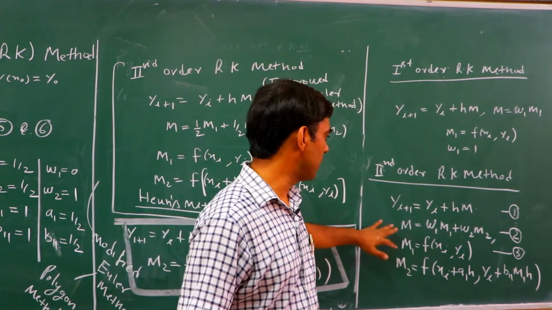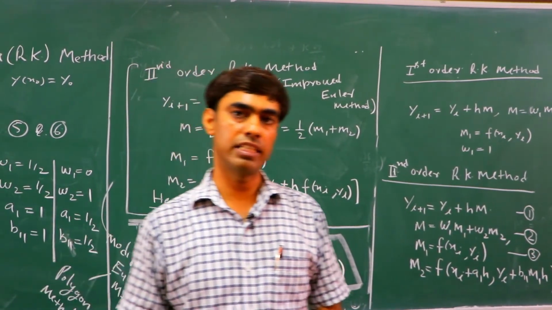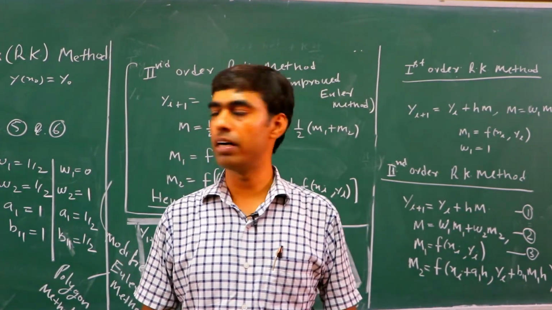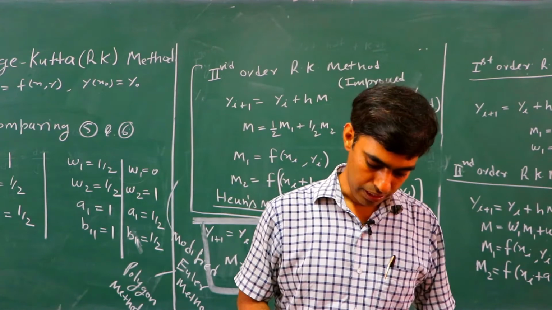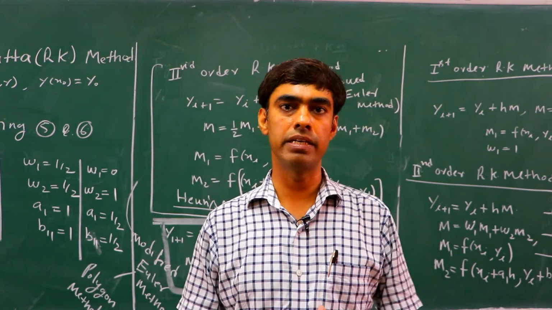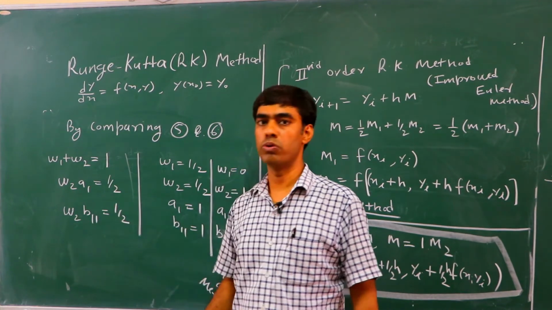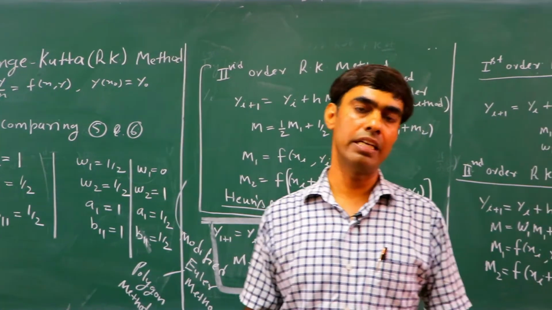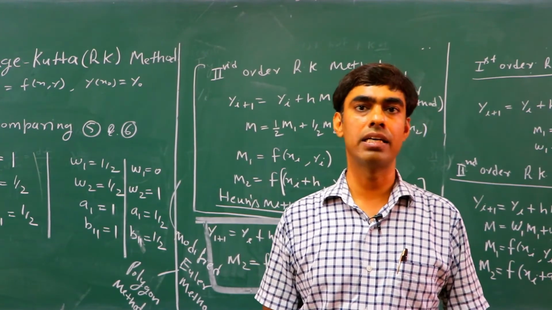If we put these values here, write the value of m2 using the Taylor series expansion for two variables, and compare with the Taylor series expansion of yi plus 1 for dy by dx equals f(x,y), then we find three equations with four unknowns. So there is not a unique solution; there are an infinite number of ways to express the second order RK methods.